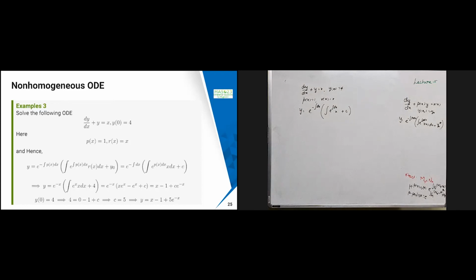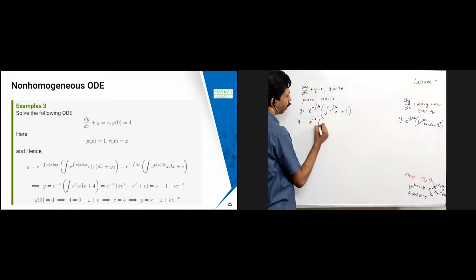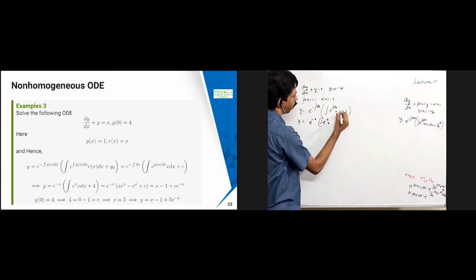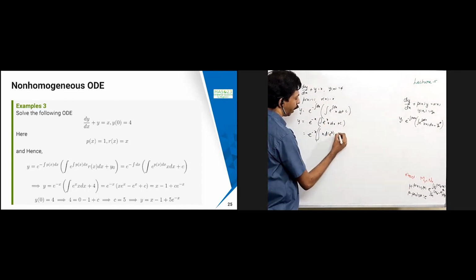Okay, so let us see this one. So in this case, what am I going to get? I am going to get y equal to e power minus x, into integral of x e power x dx, which is x into d of e power x, plus c.